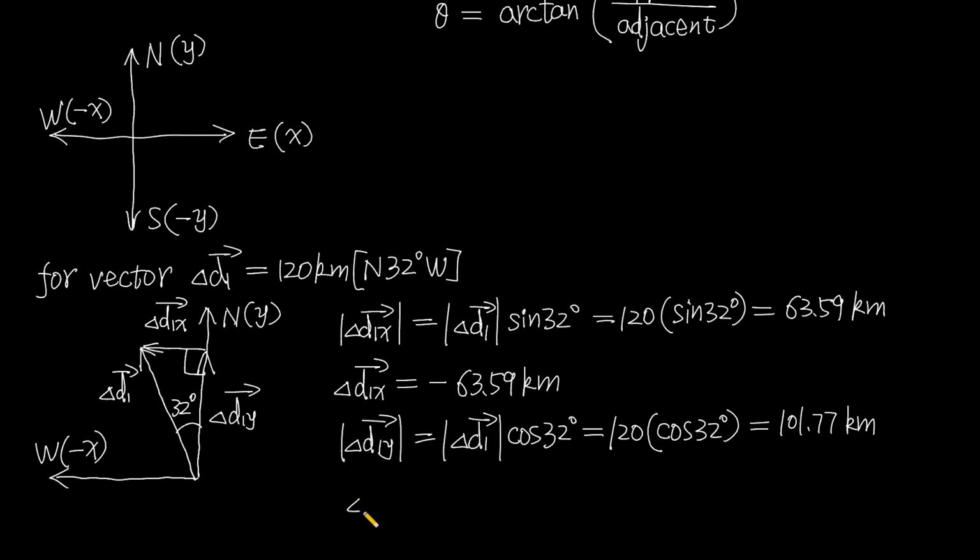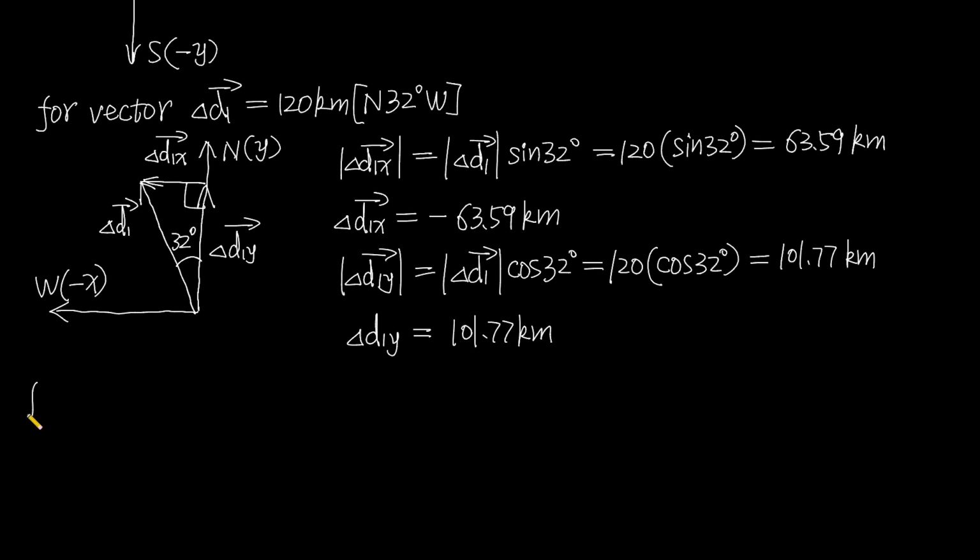The vector delta d1y just equals 101.77 kilometers. It's positive because its direction is the positive y direction.